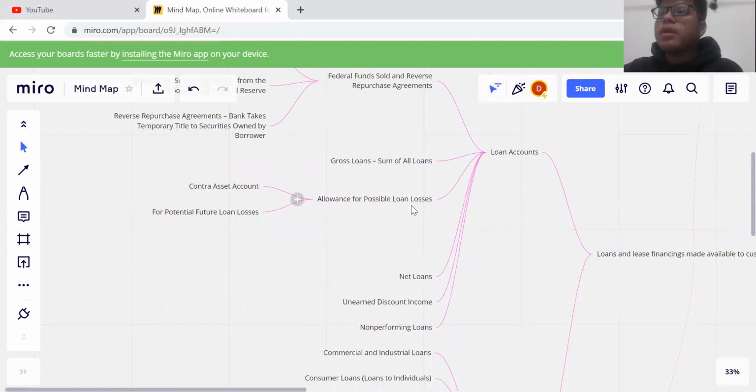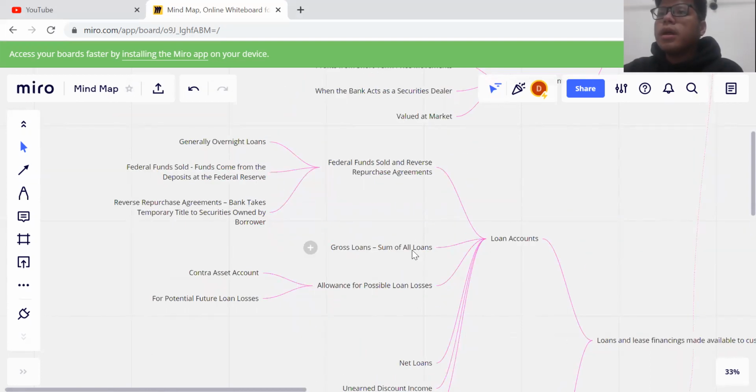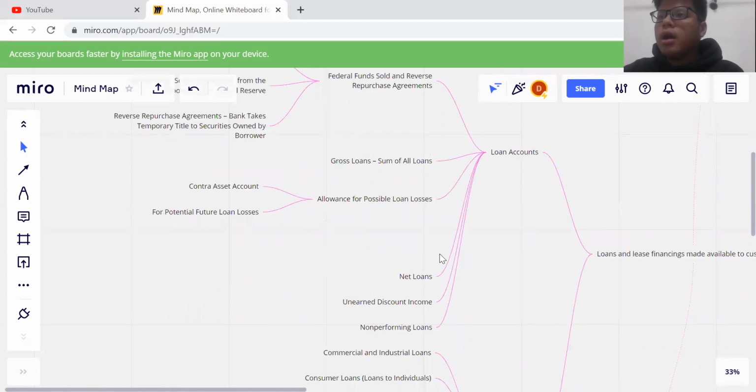And we have gross loans, the sum of all loans, and the allowance for possible loan loss. In the allowance for possible loan loss, we have a contra asset account for potential future loan loss.